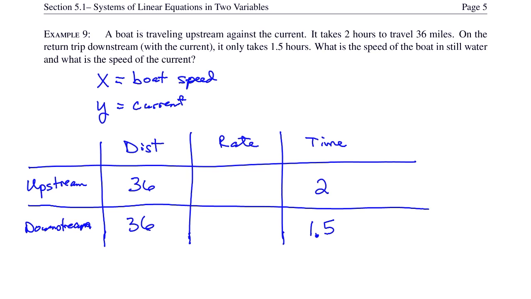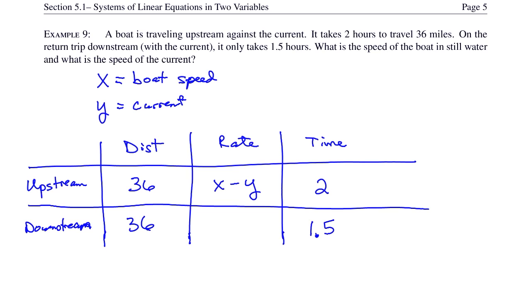Now find the rates for upstream and downstream. You have to think about this and then turn it into an algebraic expression. If the boat is going to travel at x miles per hour, but then the current is working against it when it's going upstream, then you just subtract off that rate.